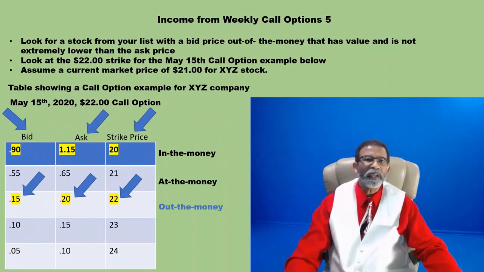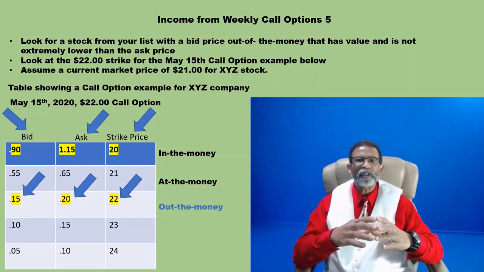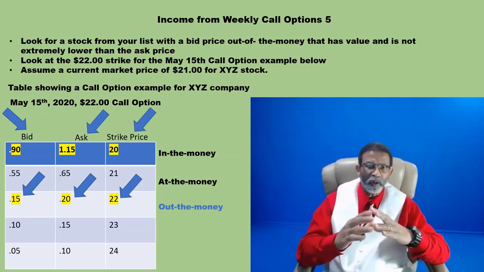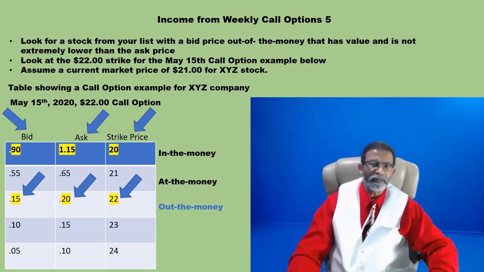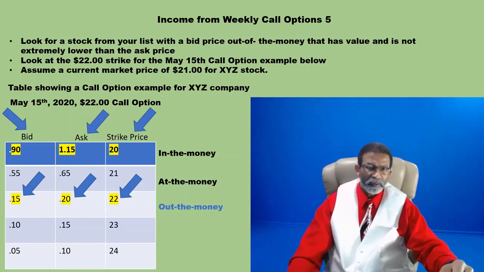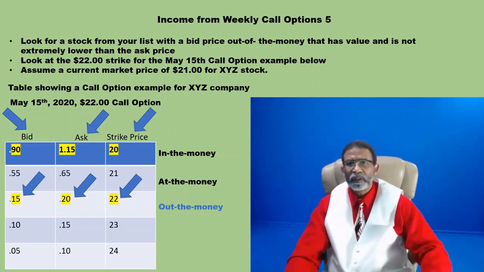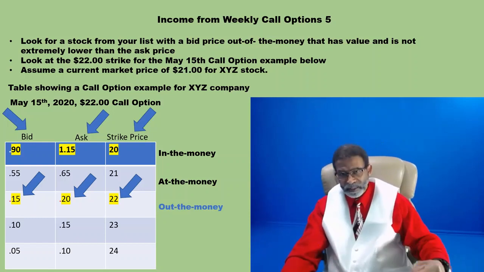Now, if you look at this particular situation, and you look at the bid price for the example below, the bid price of the out of the money option. You look at the $22 strike price for, in this particular example, the May 15th call option.